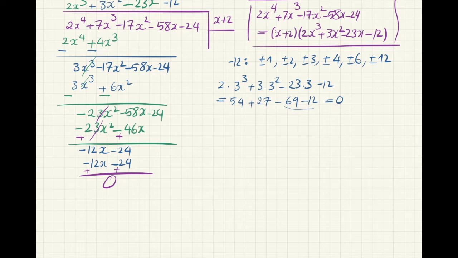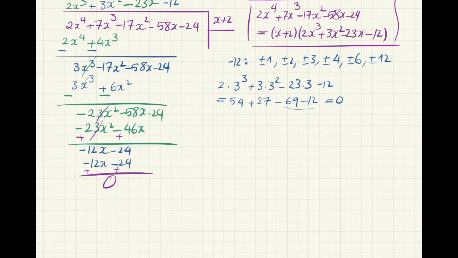Let me double check again if I have made any mistakes. I put 3 here, so this is 54 and this is 27, so far this is 81. And then I have minus 69 minus 12. This is minus 81, and that is again equal to 0. So 3 is indeed an answer.